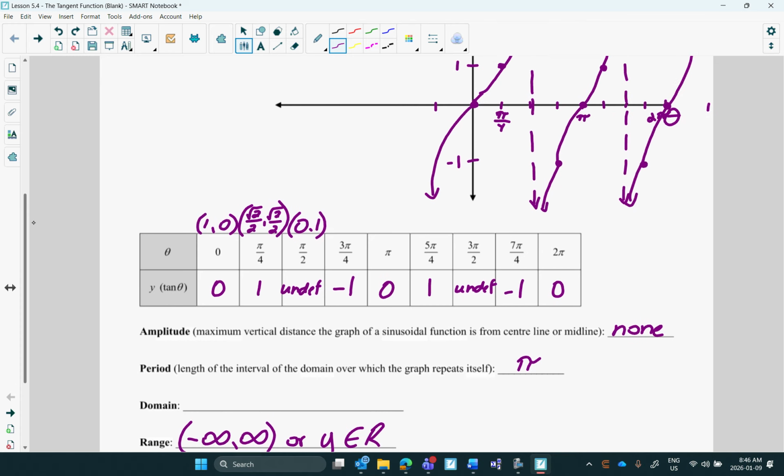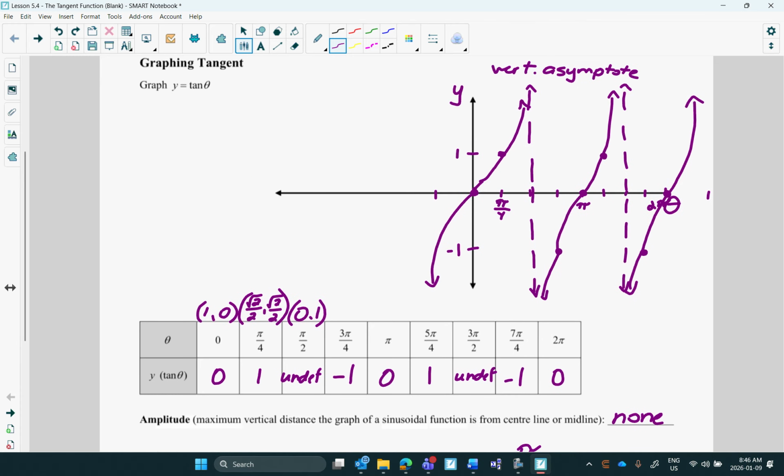The domain. Well, the graph keeps going. It's a series of curves that keeps going to the left forever. And it keeps going to the right forever. Except there are certain x values where it's not defined, is it? So I can't say negative infinity to positive infinity because it doesn't include pi over 2.